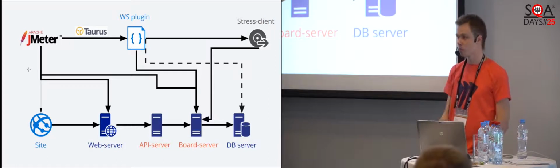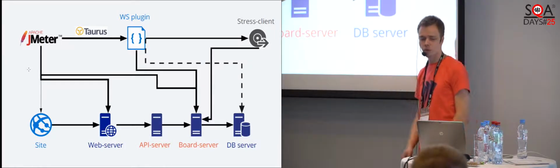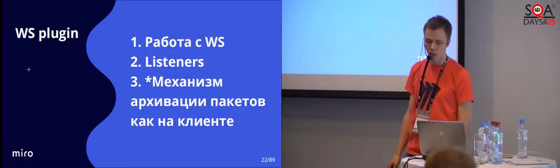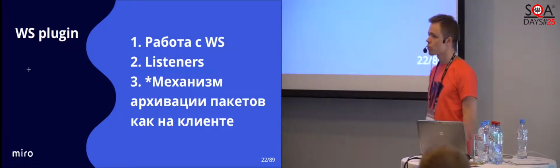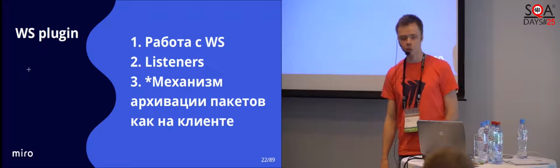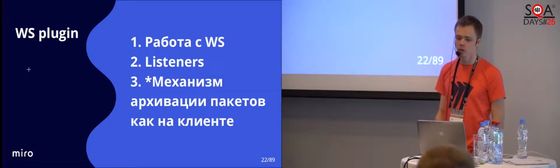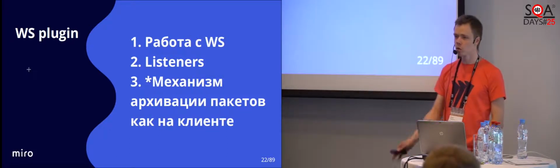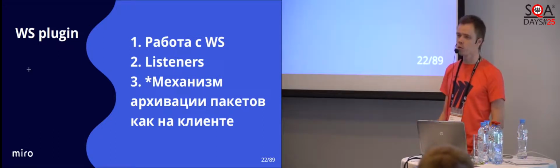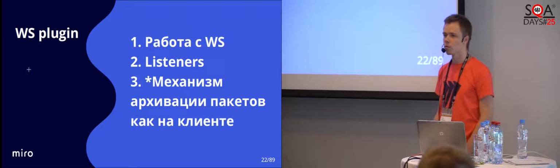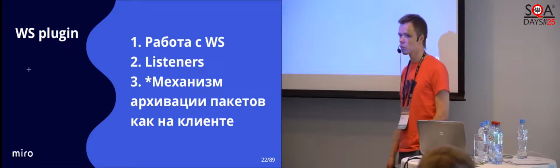Here, it's marked in the interrupted line. There are certain procedures. As regards the WS plugin, managers have different approaches to how they work with the WebSocket, but the logic is the same. They just open up a connection and continue work.